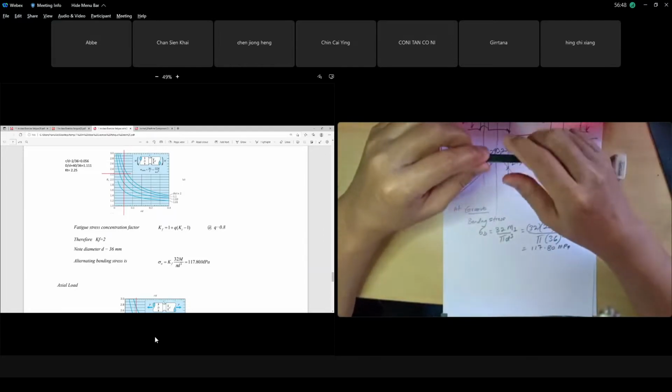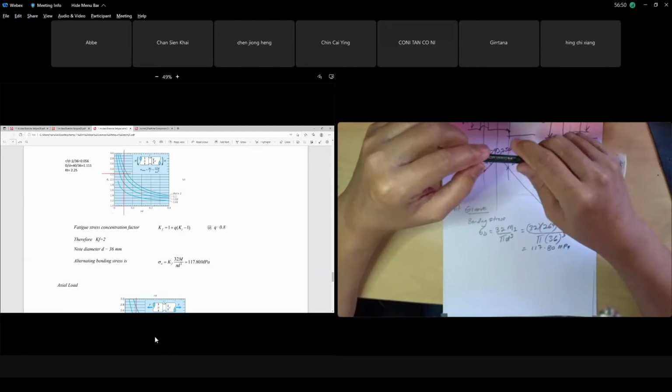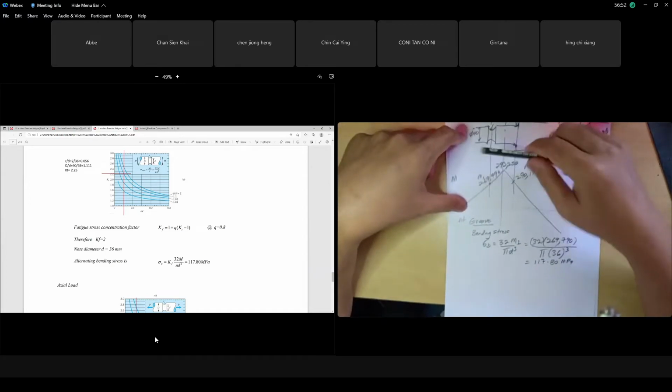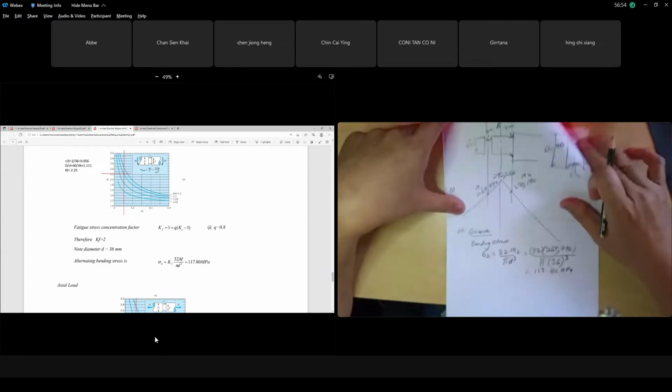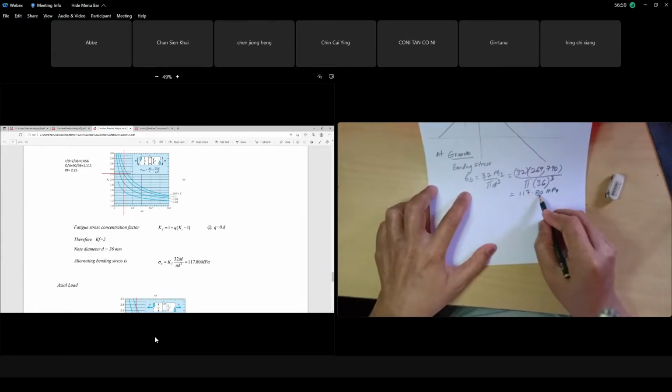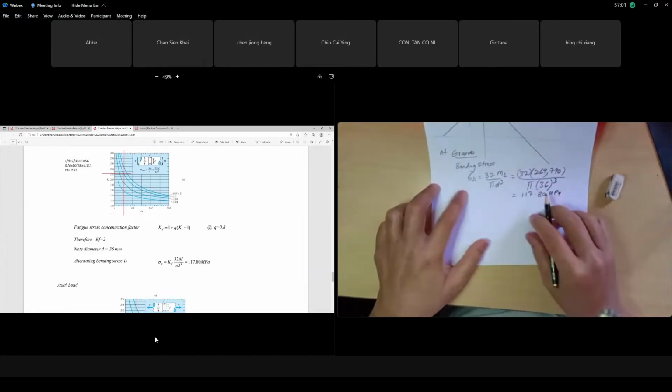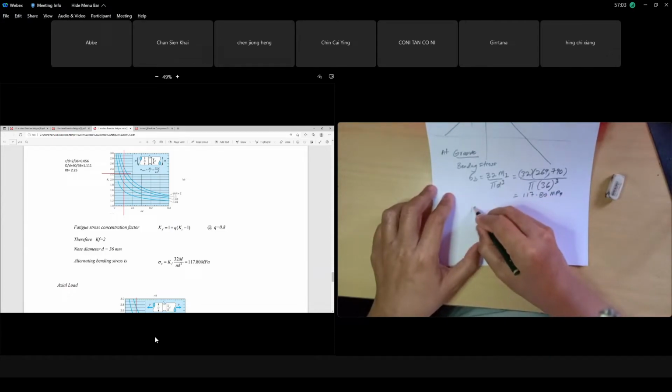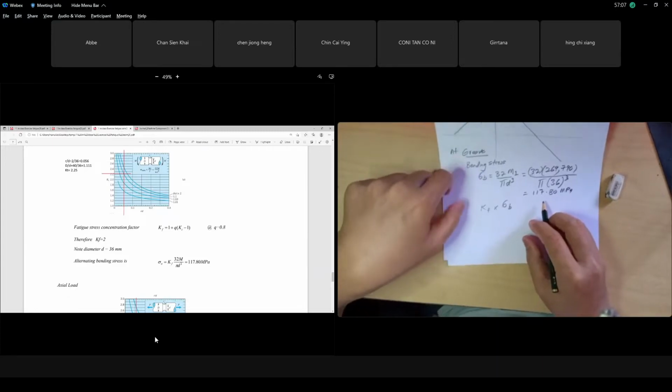So you must multiply the bending stress at the groove, 117.80 megapascal, by KF.